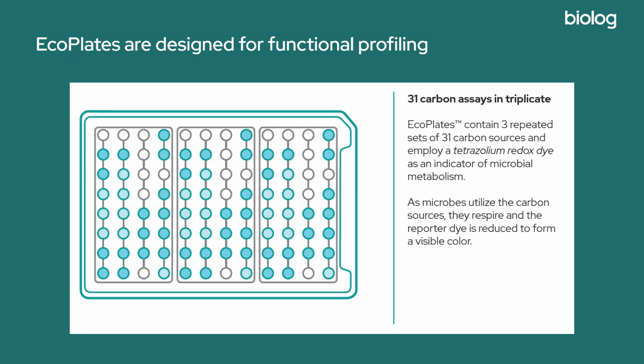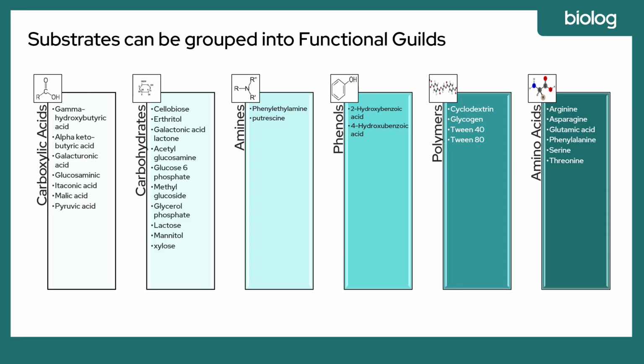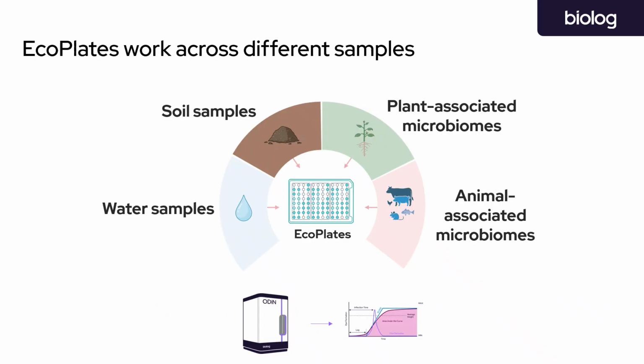And this allows us to measure community-level metabolic activity using absorbance. Now, the substrates represent different functional groups. So these are the 31 substrates, and they're organized by different functional guilds, including carbohydrates, amines, phenols, polymers, amino acids, carboxylic acids.